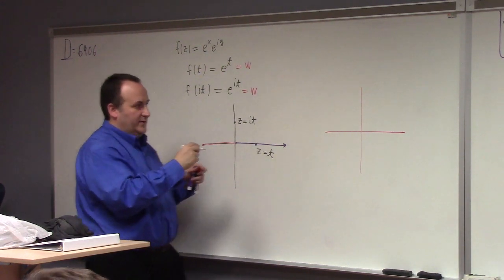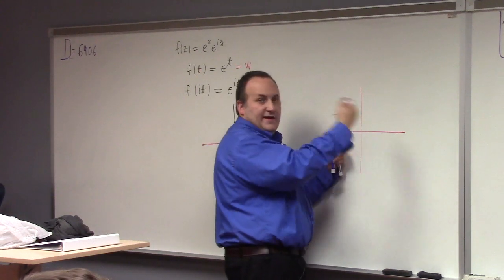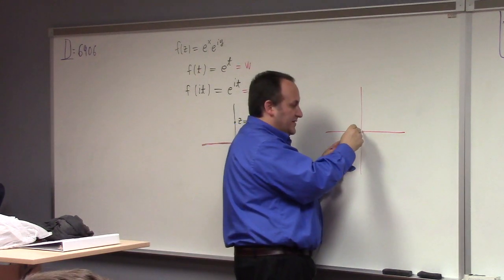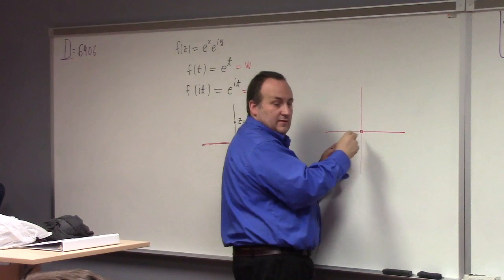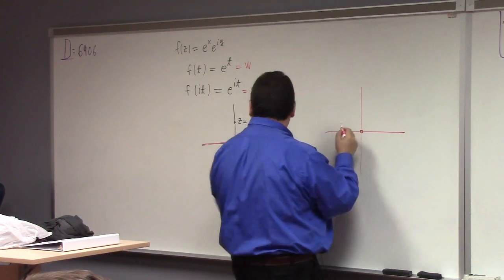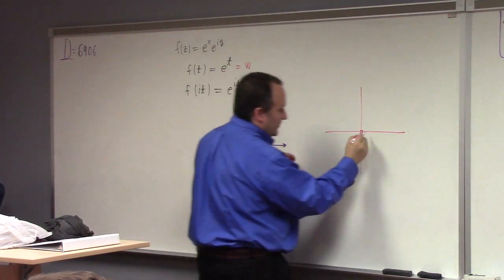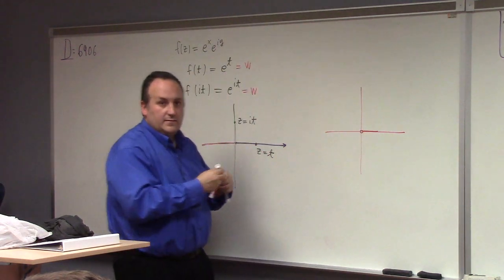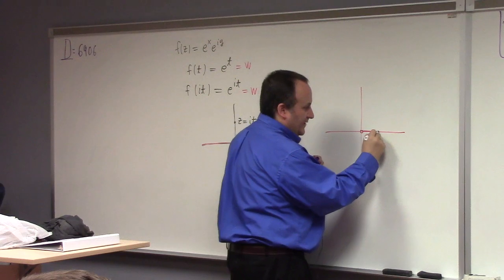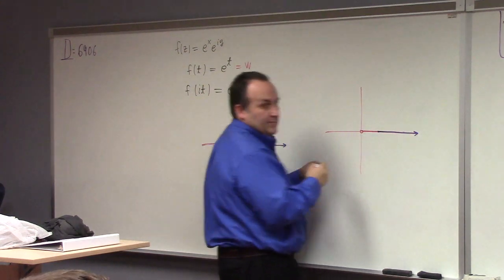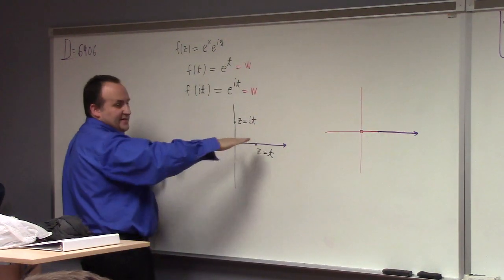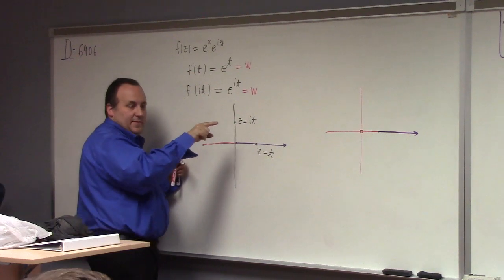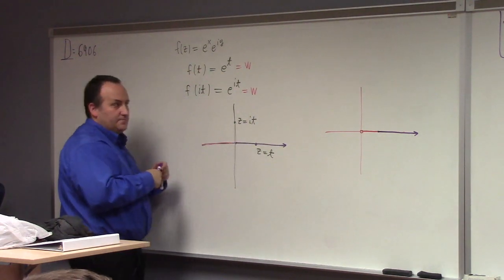And so when that maps, minus infinity approaches 0 but doesn't get to it, and then that maps out to 1, and then at 1 it takes over and that goes on. So basically, the real axis maps to the positive reals under the exponential.